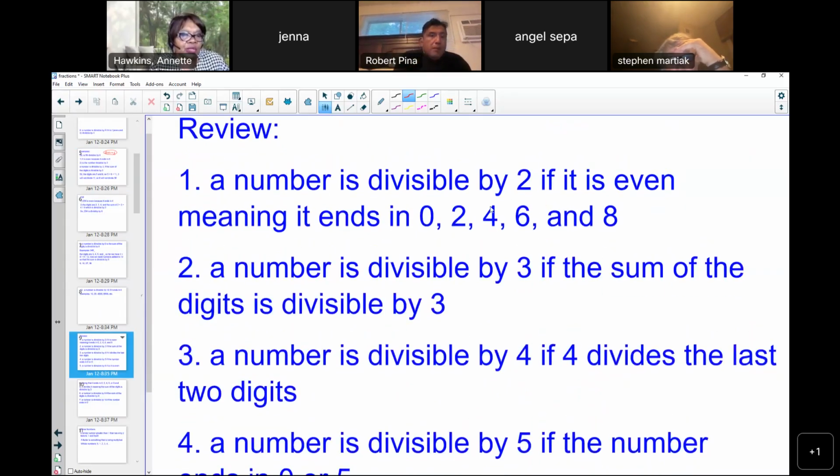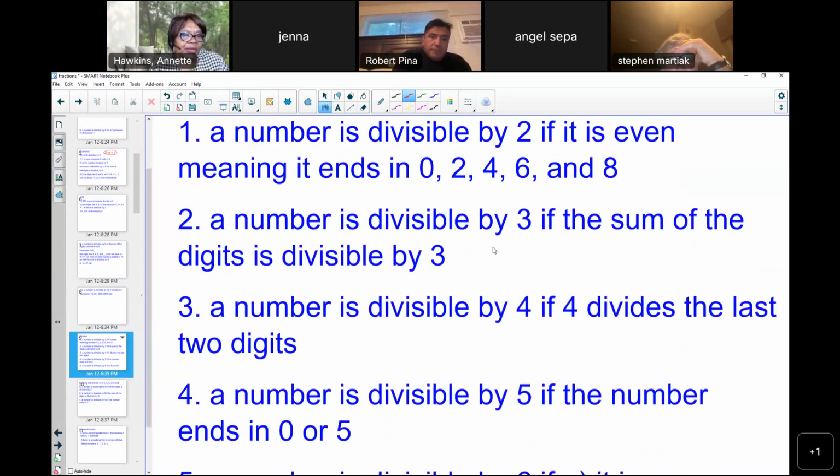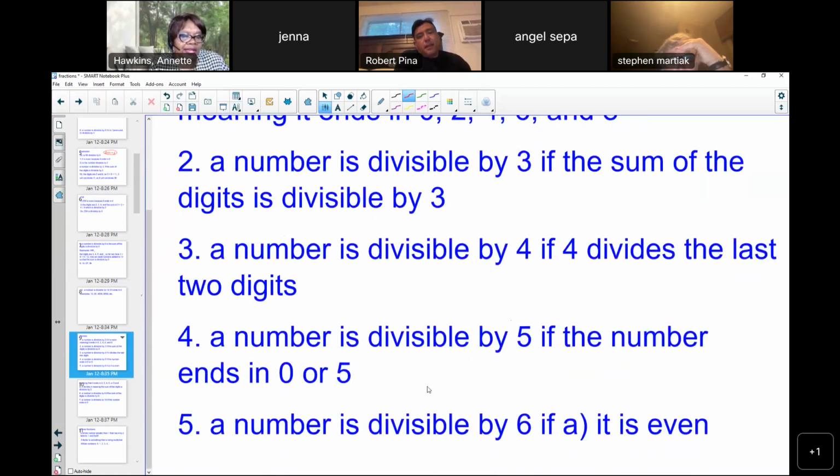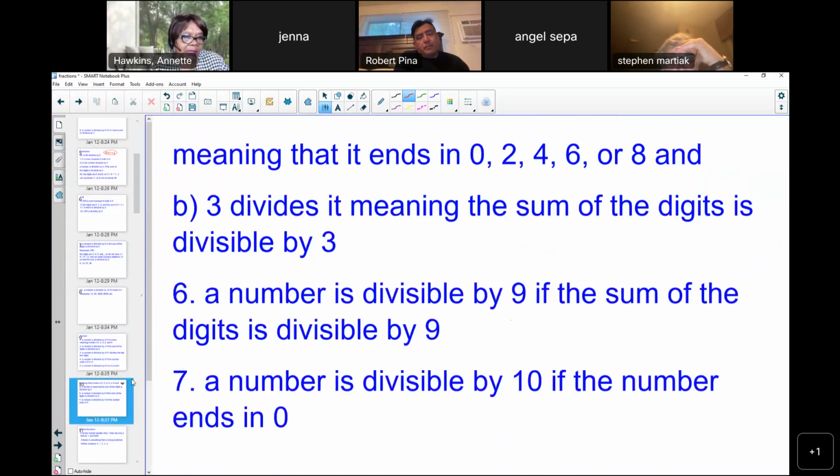A number is divisible by 2, by 3, by 4, by 5, by 6, by 9, and by 10. Knowing these 2, 3, 5, and 10, you will be able to reduce any kind of fraction that you have, okay?